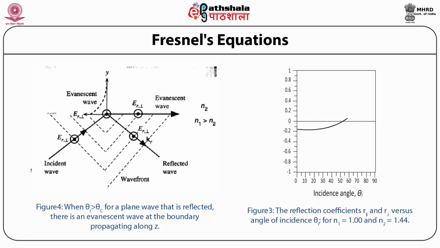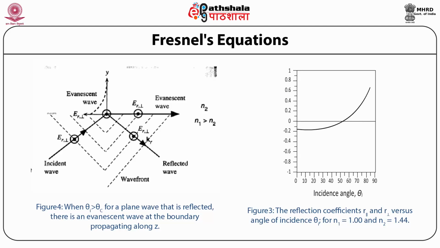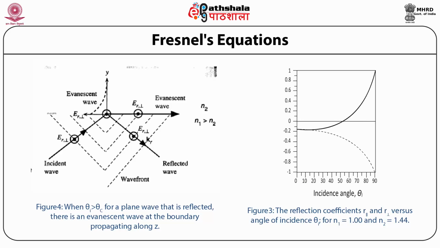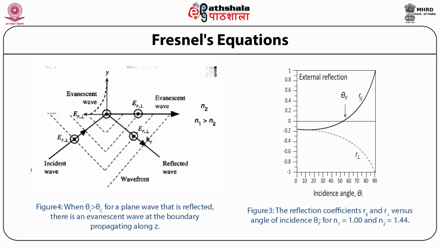Further, r parallel goes through 0 at the Brewster's angle theta p given by equation 12. At this angle of incidence, the reflected wave is polarized in the E perpendicular component only. Transmitted light in both internal reflection, that is when theta i is less than theta c, and external reflection does not experience a phase shift.